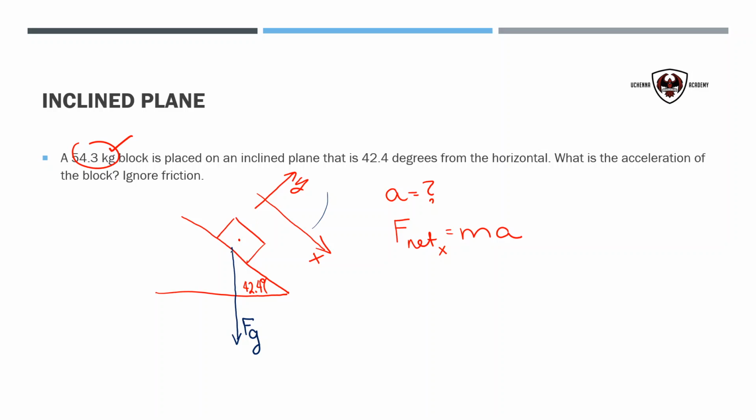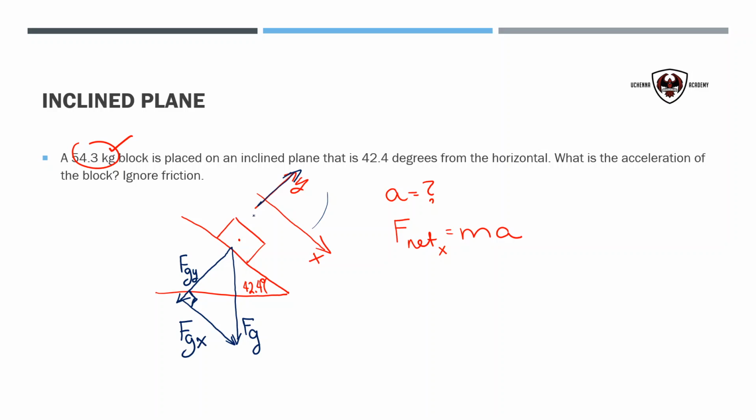There it is, that's my Y component, because remember my Y is now on an angle. And this here is my X component. I hope that you see that this makes a 90-degree angle. This is my force of gravity in the Y direction, and here's my force of gravity in the X direction.